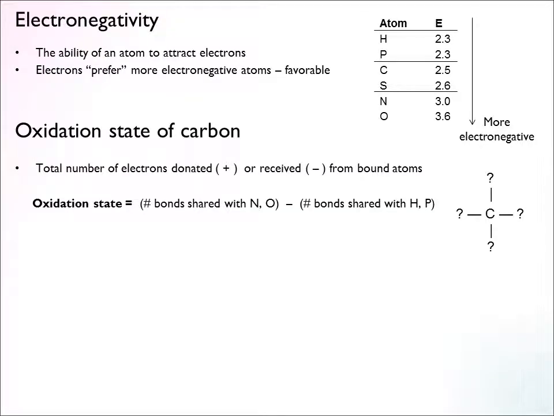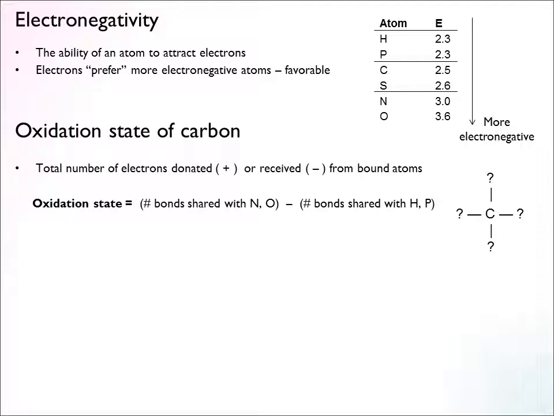So this can be quantified, and we will see this is a useful concept, something called the oxidation state. And we usually focus on carbon because this is really the most important element in metabolism in this respect. So the oxidation state of carbon. If you think about a carbon atom, it binds 4 other atoms, whatever they might be, when it sits in a molecule.